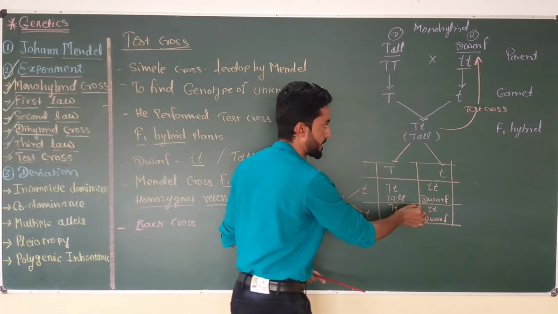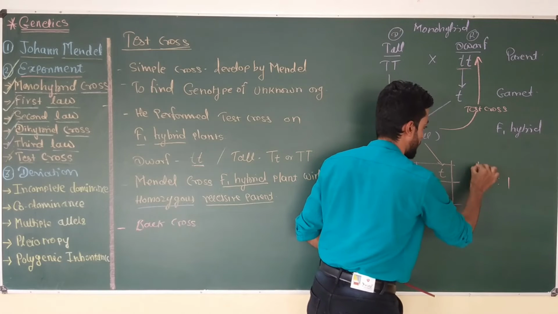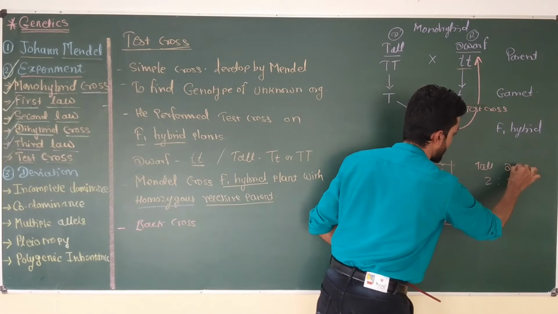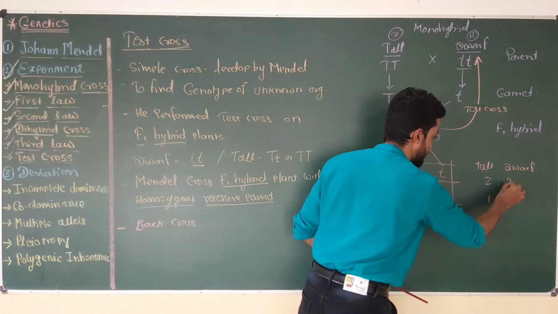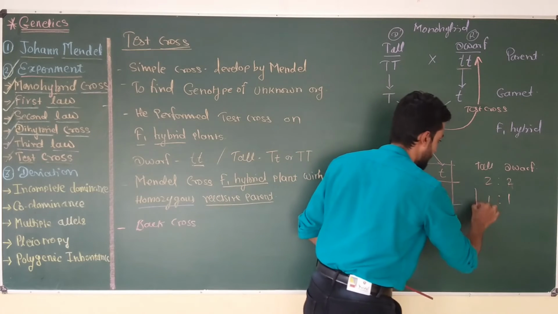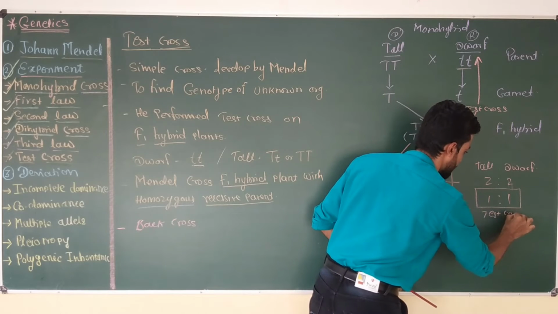So the ratio of the test cross becomes 2:2. 2 are tall and 2 are dwarf. Okay, so we can write 1:1 instead of this 2:2, and this is the test cross ratio.